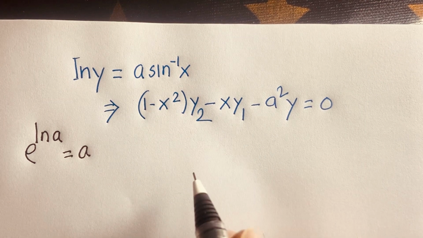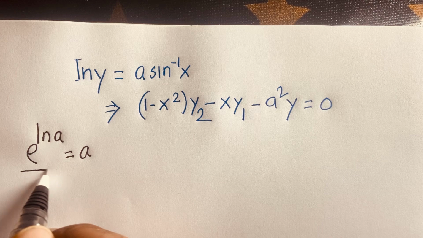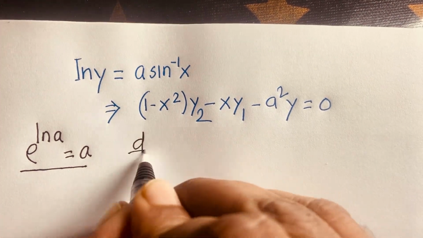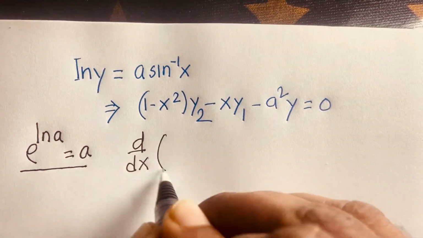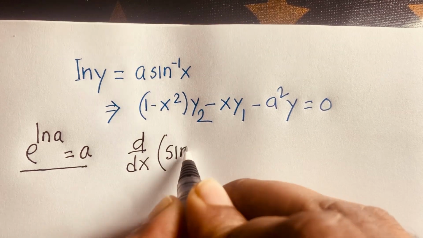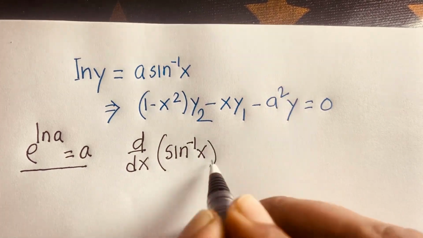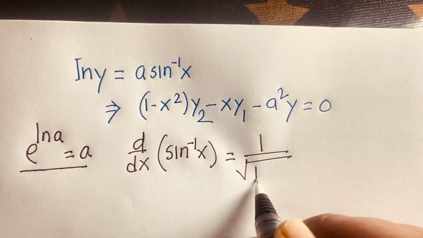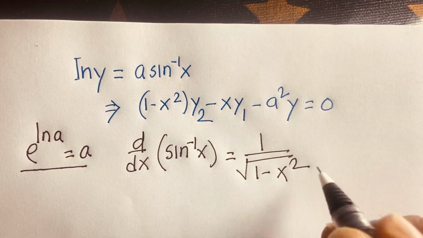Again, we know that the derivative of sin inverse x is equal to 1 over square root of 1 minus x squared.